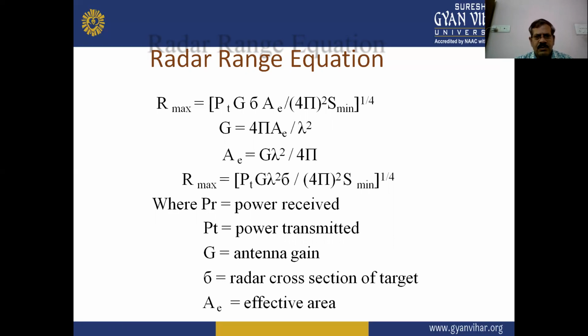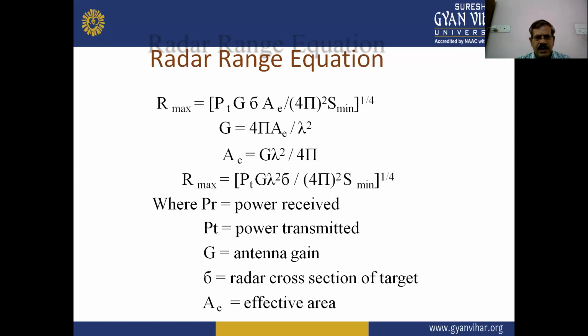So R max will be equal to (P_T G lambda squared delta upon (4 pi) cubed S_min) whole power of 1 by 4, where P_R equals power received and P_T equals power transmitted.